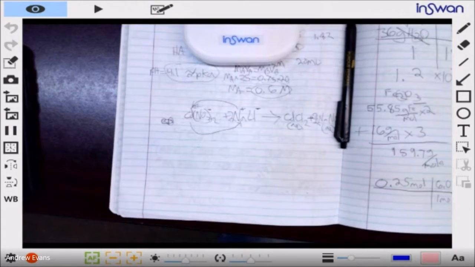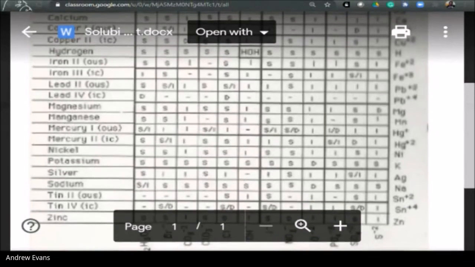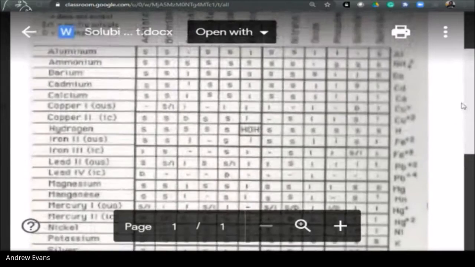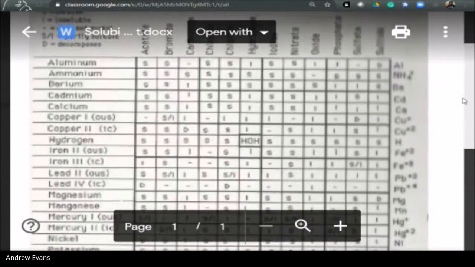However, if I said, which of these ions might precipitate in a solution of, for example, chloride, and I gave you four ions, you would just compare on the chloride, which of these guys would be insoluble with chlorides?